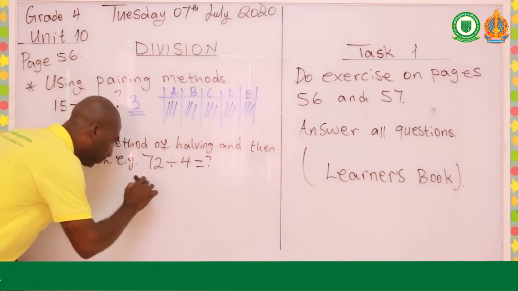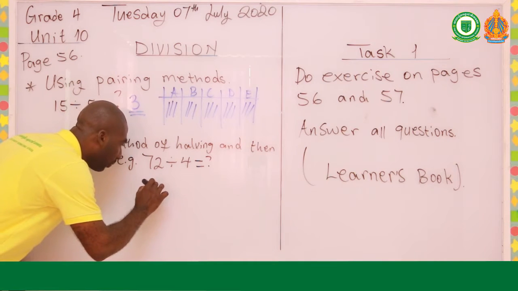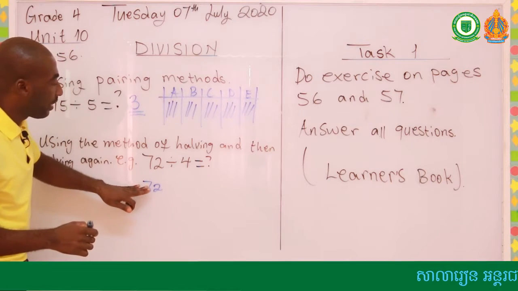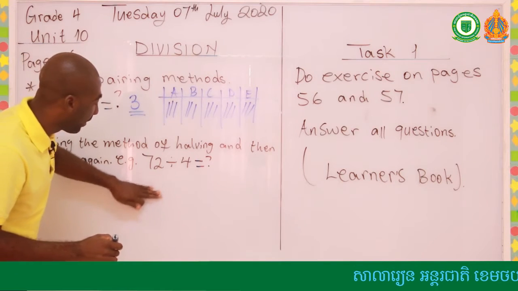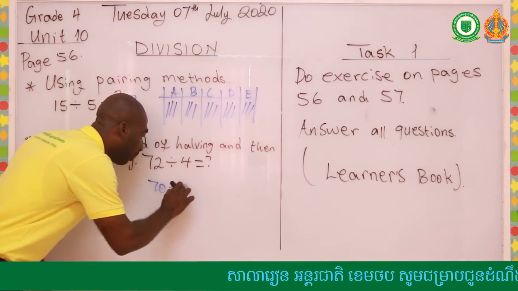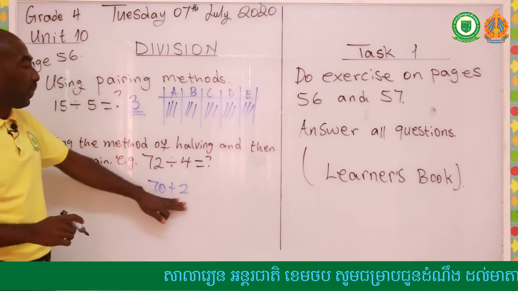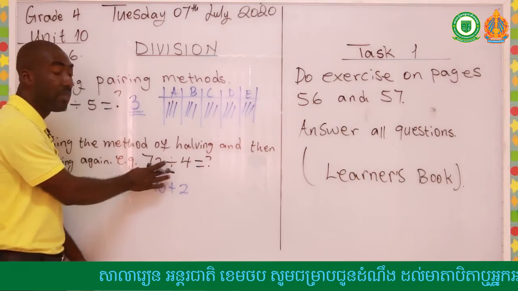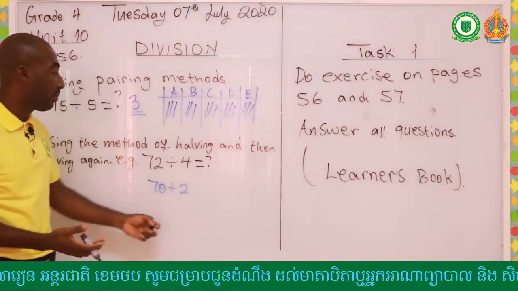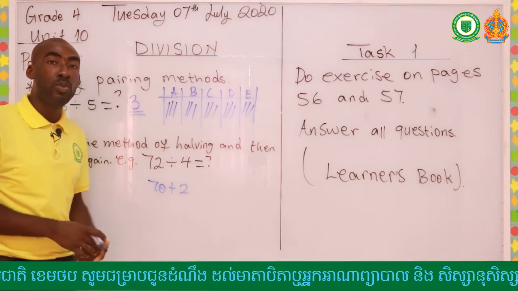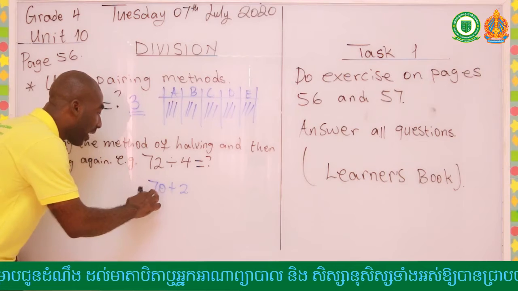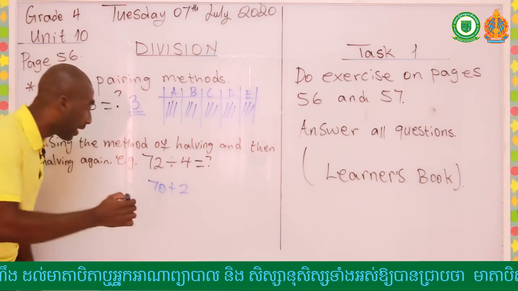So now you have your 72, okay, but your 72 is the same as 70 plus 2. So 70 plus 2 is the same as 72. Because we are using the half system, this is how we're going to write it so that it becomes very easy for you. Now this is where the half system will actually take place.